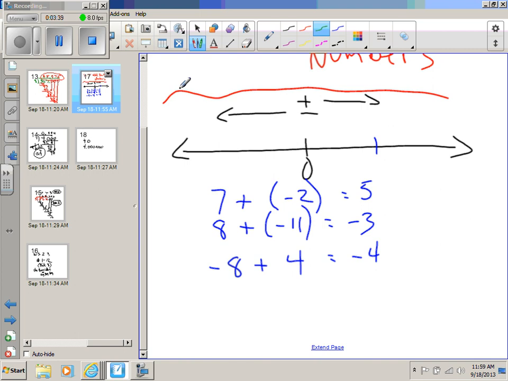What if I want that as my starting point instead? Could I? Negative 2 plus 7. Would I still end up with a positive 5 in that situation? Sure.